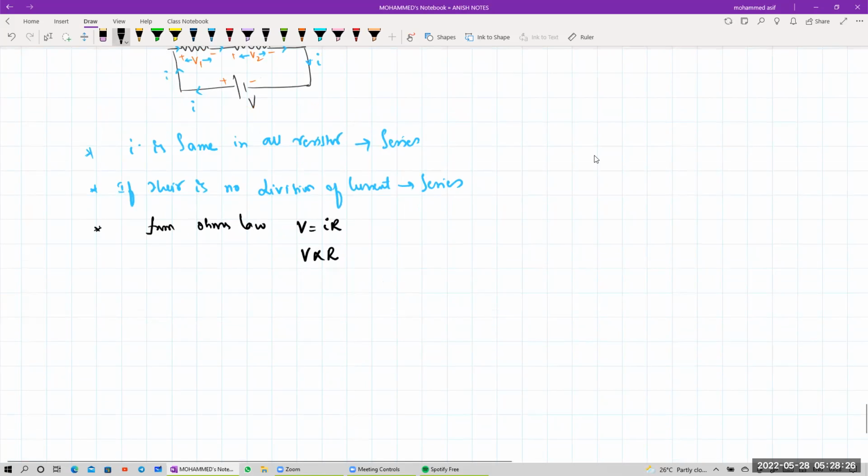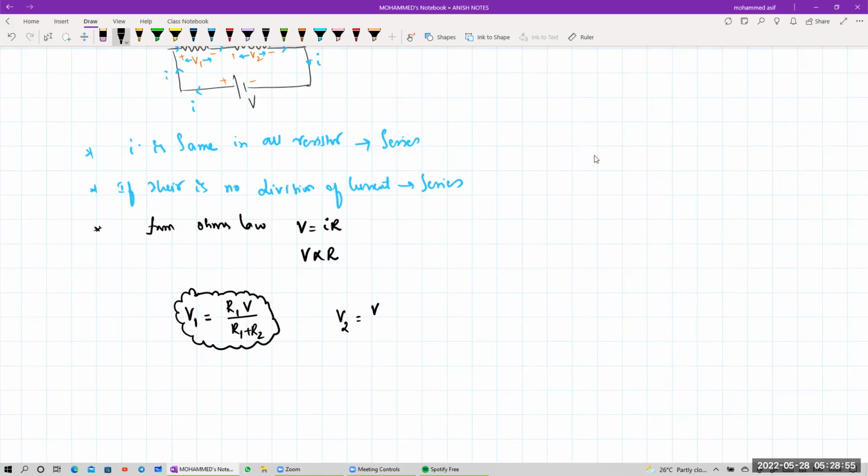Now if I need to calculate the potential V1, V1 is equal to the resistance R1 into the total potential V divided by R1 plus R2. For V1, I write the resistance through which the current flows, into the total potential, divided by R1 plus R2. Similarly, V2 is equal to V into R2 divided by R1 plus R2.